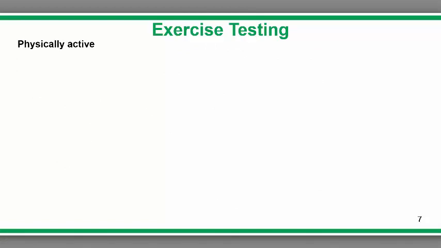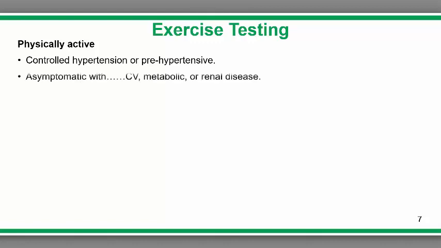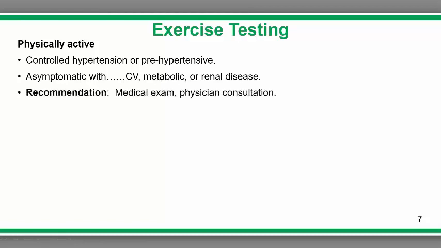Now, for individuals that are already physically active, and these are individuals that have controlled hypertension or are in that pre-hypertensive state, physically active individuals that have blood pressure recordings that would place them in one of these two categories, but are asymptomatic of signs and symptoms, but they have been identified as having a comorbidity, so either another cardiovascular condition, a metabolic condition, or renal disease, the recommendation here is that they undergo a medical exam and physician consultation to determine if exercise testing is warranted.